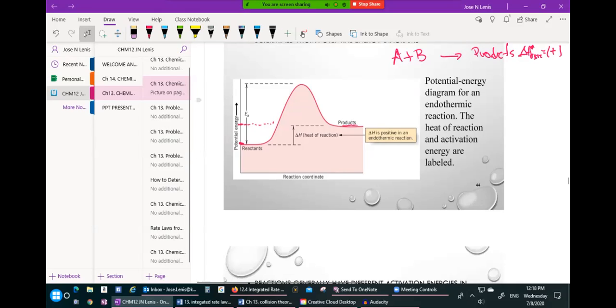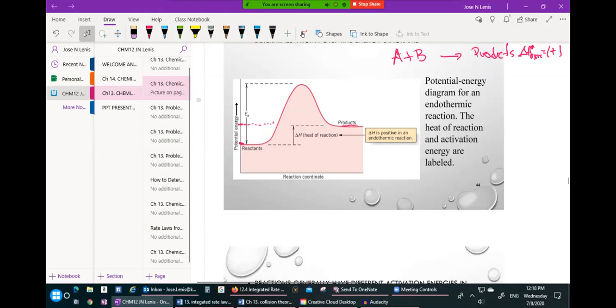And that is all about chemical reaction. That's exactly what we call chemical reaction. Chemical reaction is just that, breaking bonds to form new bonds. Energy is involved in the process.